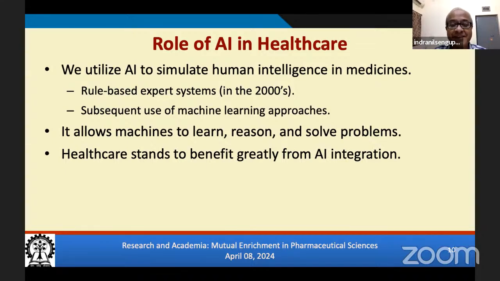Okay. Reasoning: what are the steps that have been taken for the diagnosis, and try to solve problems in the future. Now, this philosophy applies to any discipline, but in particular, healthcare stands to benefit greatly, which all of you obviously appreciate. Okay, including AI in healthcare is extremely important.